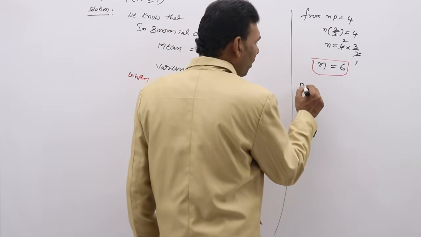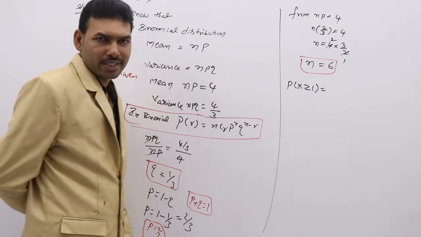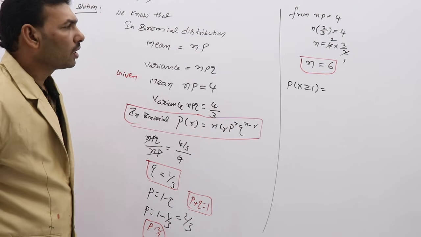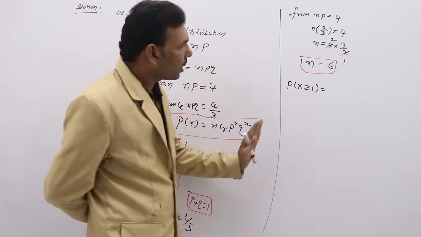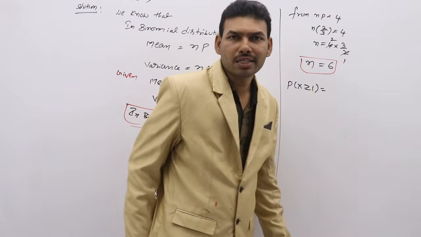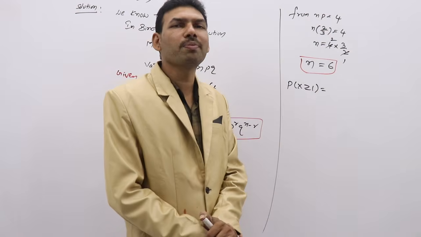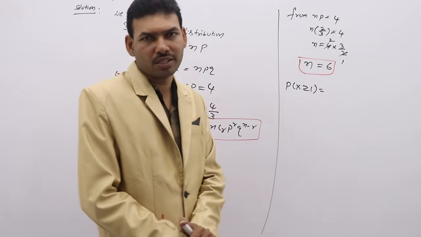Probability of x greater than or equal to 1 means we can do it in 2 ways. Number 1, greater than or equal to 1 cases, from 1 to 6: probability of 1 plus probability of 2 plus probability of 3 plus probability of 4 plus probability of 5 plus probability of 6.